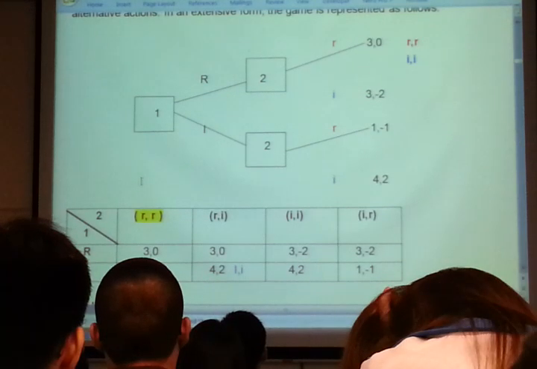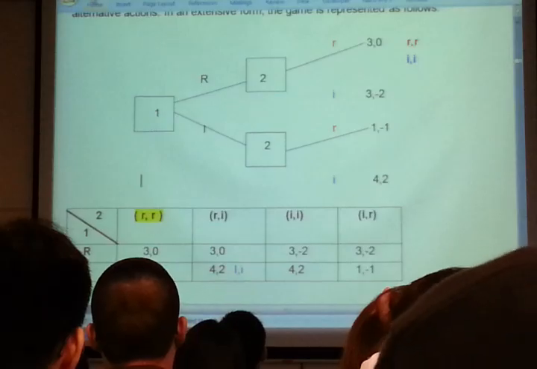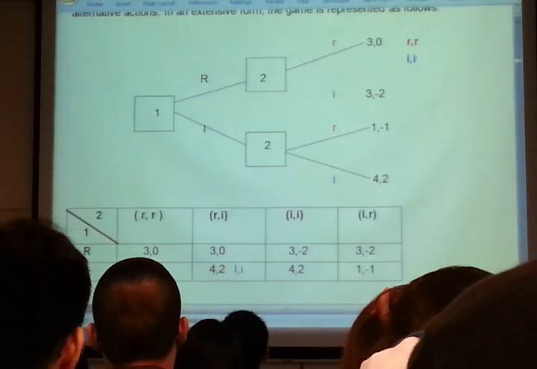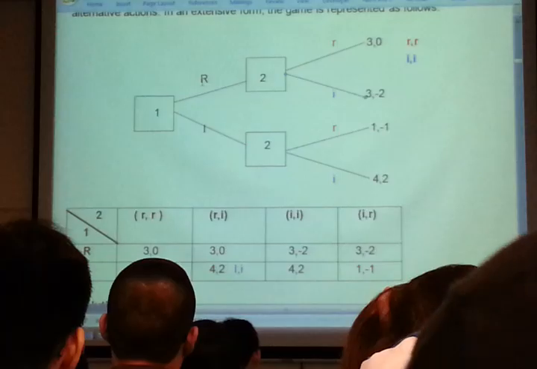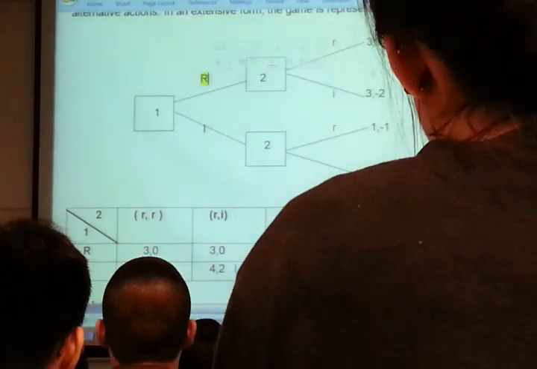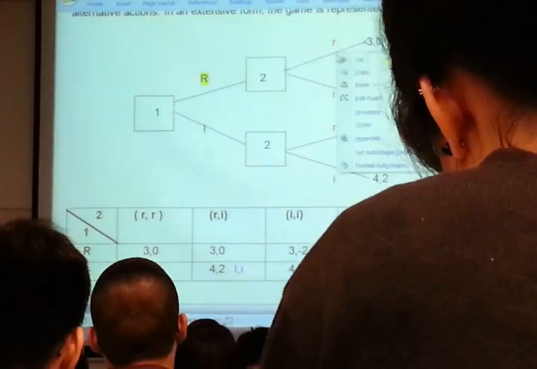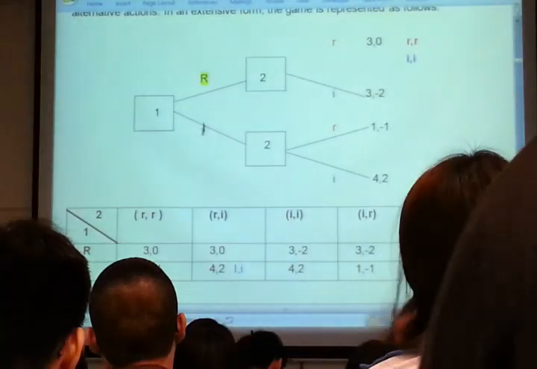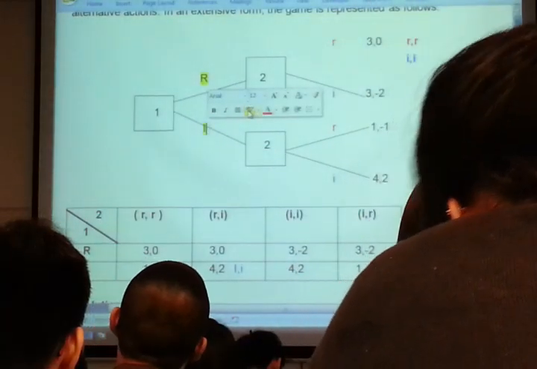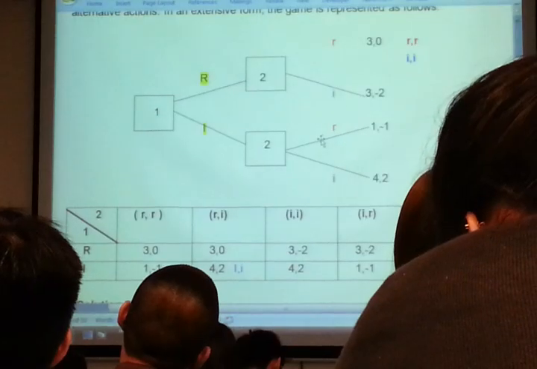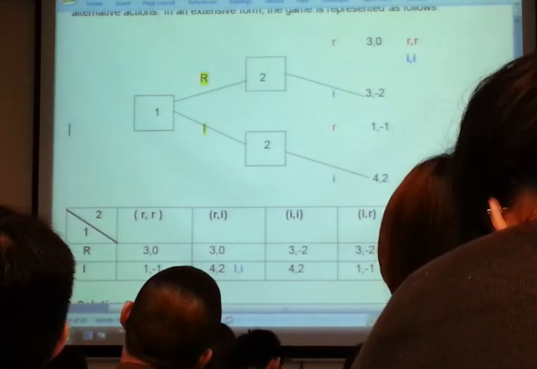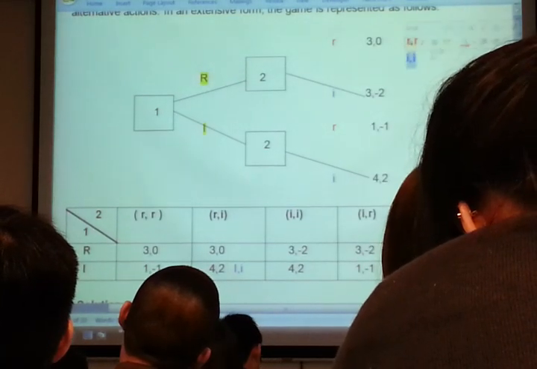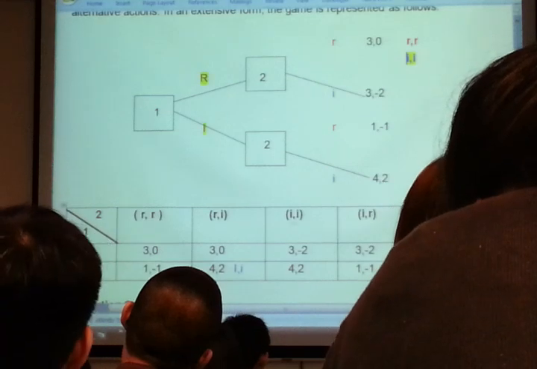Now, since you can see what player one does, another set of plan will be, if you saw player one play this, you can plan to play small i. If you saw player one play big I, you can say to himself, I can still plan to play small i. So ii is one set of plan. Okay?